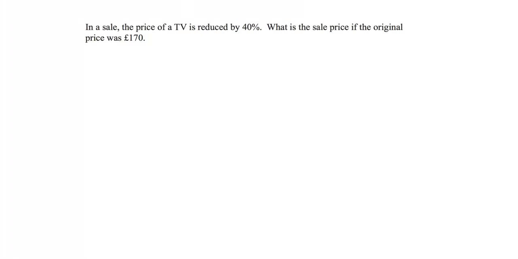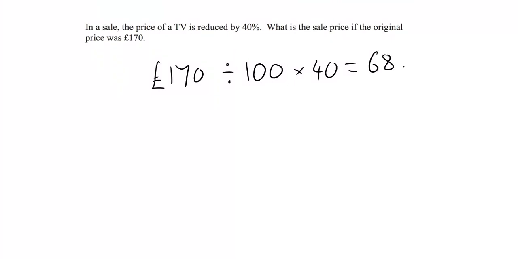Well, in this one, we've got a TV reduced by 40%. So what we're going to do, take that original price of 170, and we're going to find out what 40% of it is. So I'm going to divide by 100 and times by 40. So 170 divided by 100 times by 40 is 68. So that's what 40% is.